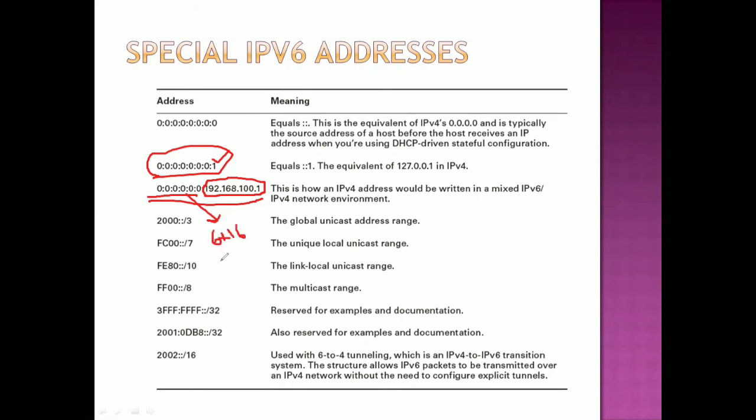So 16 times 6 is 96, and 96 plus the 32 bits of the IPv4 address is a total of 128. You can use this format to convert your IPv4 address into an IPv6 address, and this is done in a mixed environment. Mixed environment means when you have both IPv4 and IPv6 working in your network.